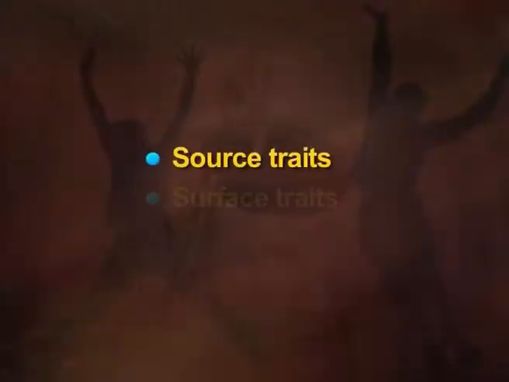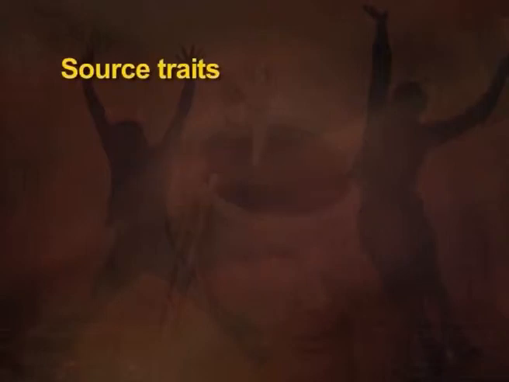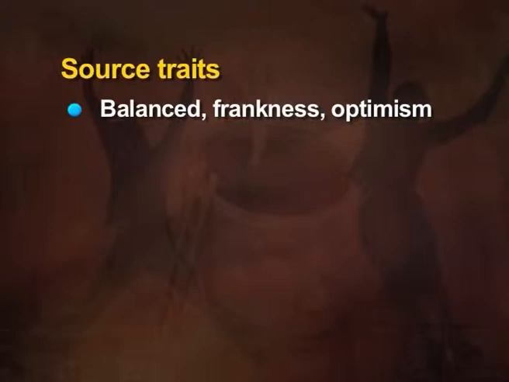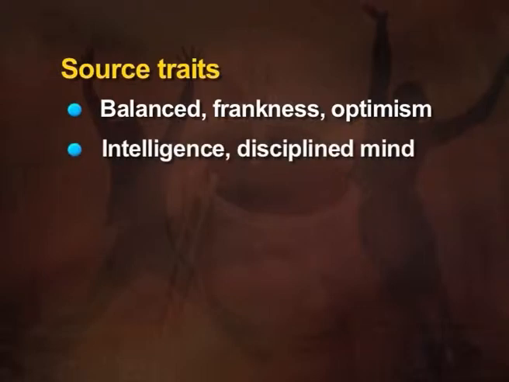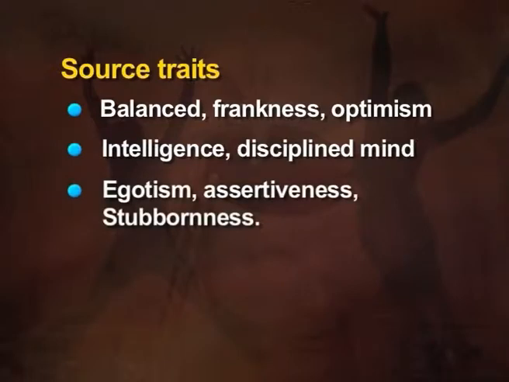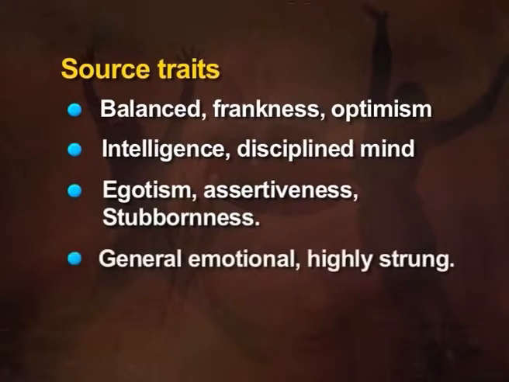Cattell classified traits into source traits and surface traits. Source traits include traits like balanced, frankness, optimism, intelligence, disciplined mind, egotism, assertiveness and stubbornness, general emotional, highly strung. These are source traits.